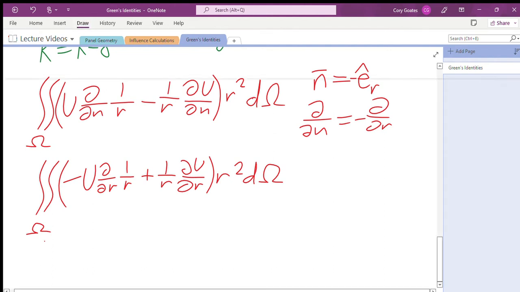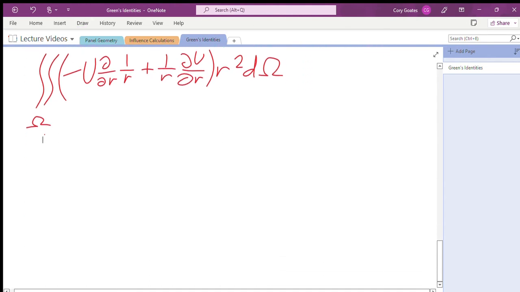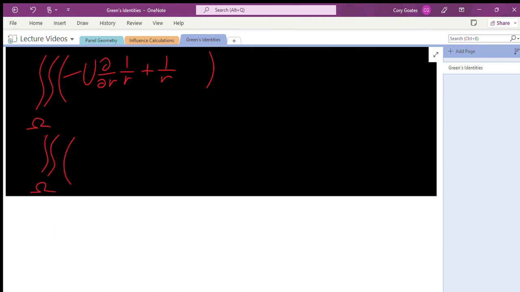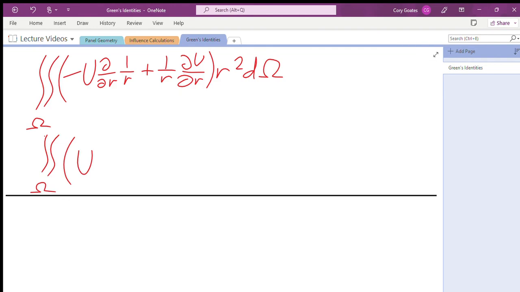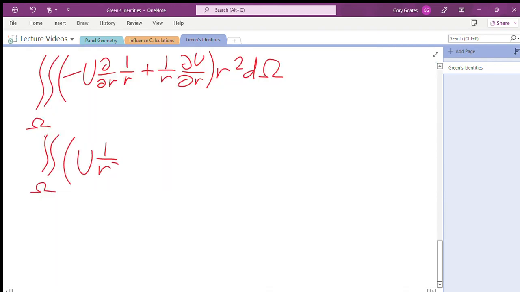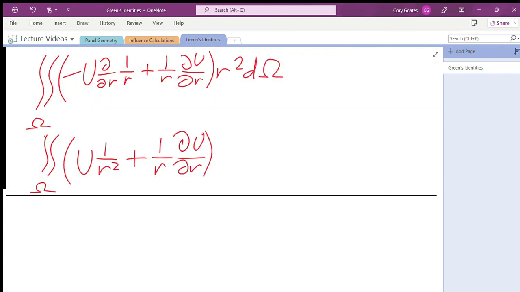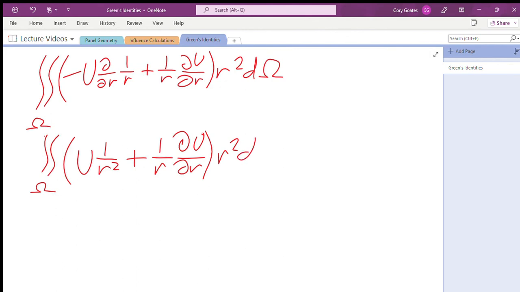Let me scooch this down. This will become the double integral over omega of u times 1 over r squared plus 1 over r partial u partial r times r squared d omega.